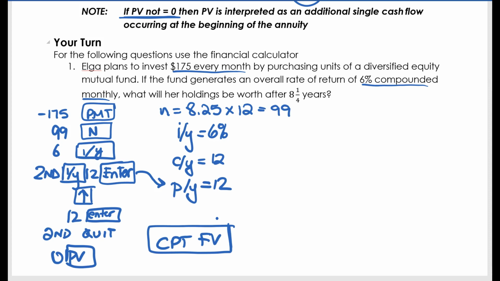When you do that, you'll get $22,346.66. So investing $175 a month for 8.25 years at 6% compounded monthly, at the end of that 8.25 years, she'll have $22,346.66 saved.